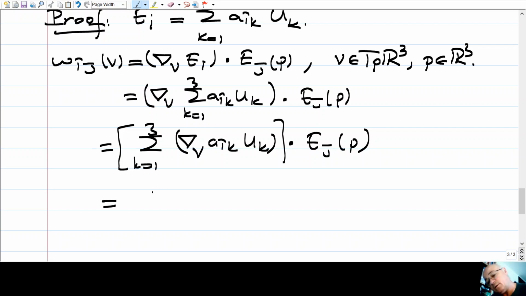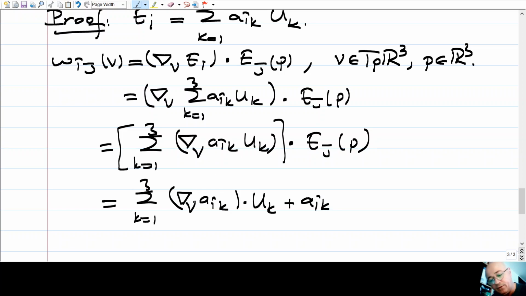This is just a summation. Here we apply the Leibniz rule: covariant derivative of aik times uk plus aik, well, the covariant derivative of aik is of course just, okay, let me keep it here first, and then here I have k from 1 to 3 aik, and then the covariant derivative of uk.